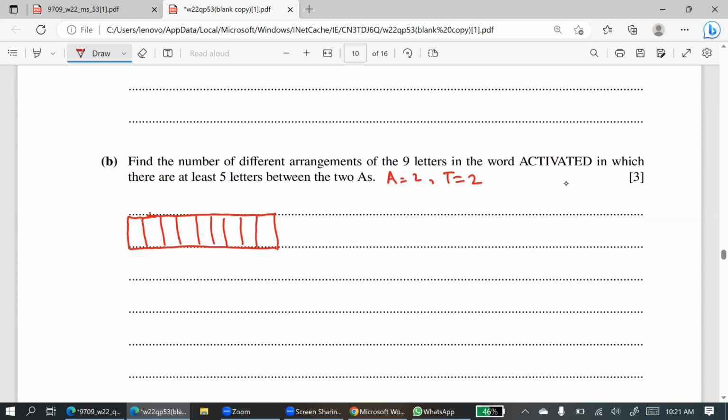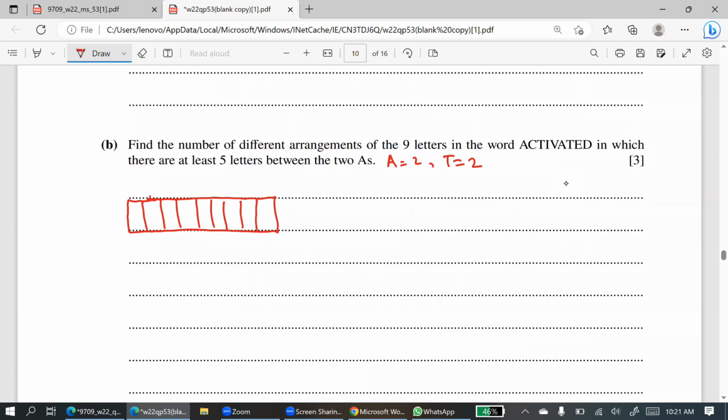There are at least 5 letters. First of all, we will draw the case when there are exactly 5 letters between the 2 A's.